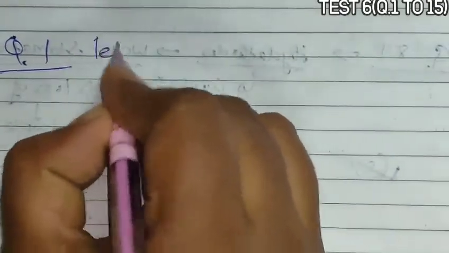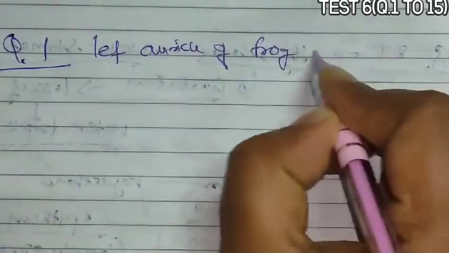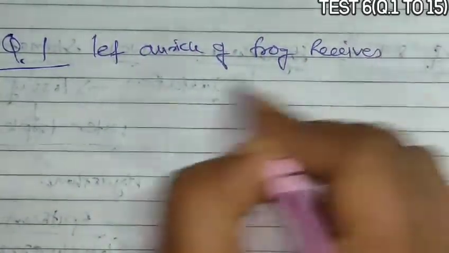First, we are starting with question 1. Question 1 asks what the left auricle of frog receives.